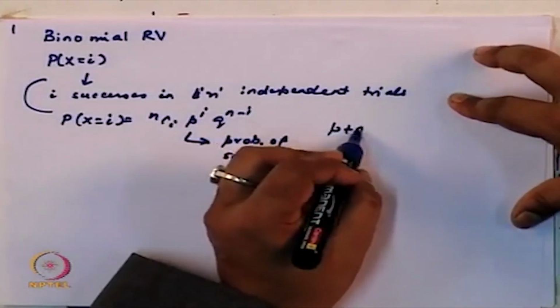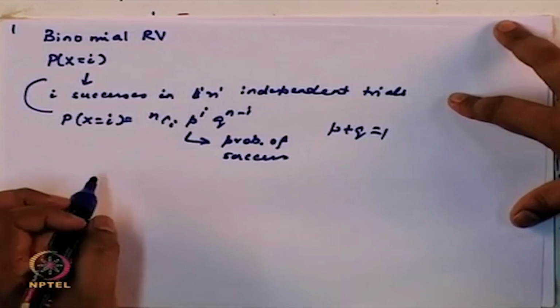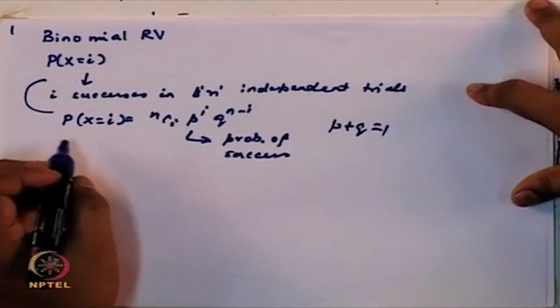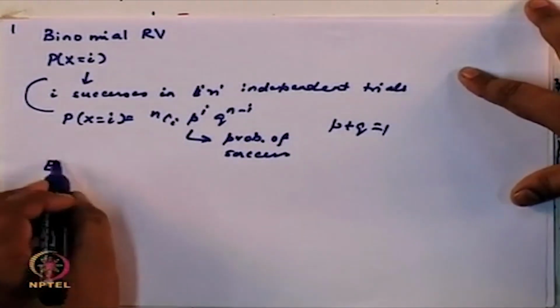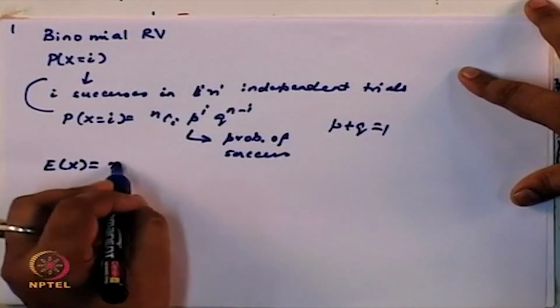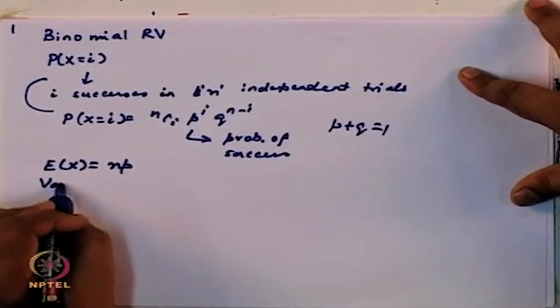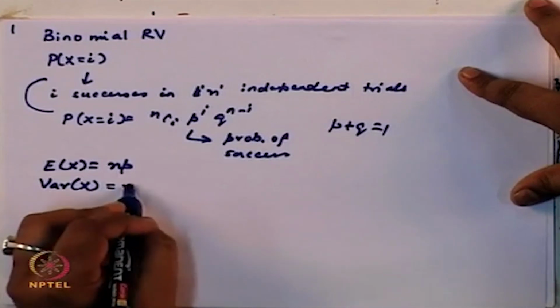So, p plus q is equal to 1, and we showed that for this distribution the expectation of x is given by np and the variance of x is given by npq.